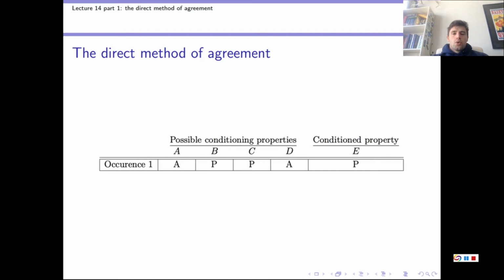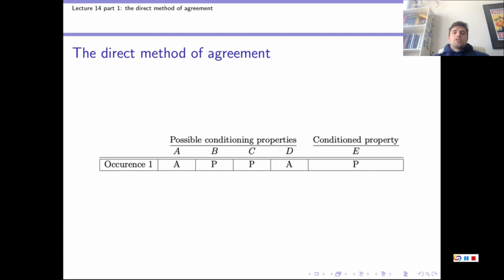Here's one final question then to consolidate what we've seen here and get us thinking about some of the questions you'll see on the assignments. So here is a table with one occurrence recorded. We're interested in which, if any, of the properties A, B, C, and D are necessary for the conditioned property E. Occurrence 1 has A absent, B present, C present, and D absent, while E is present.